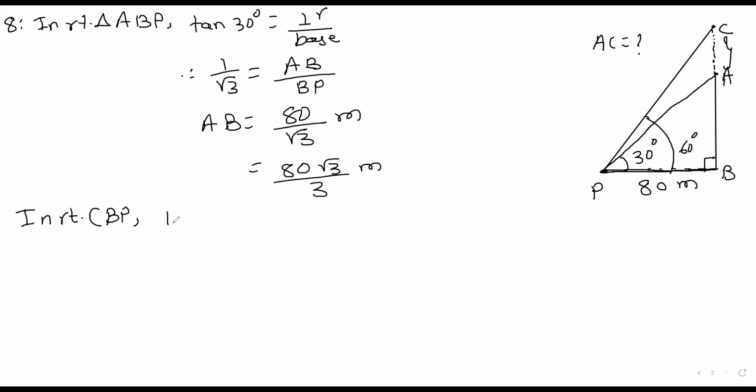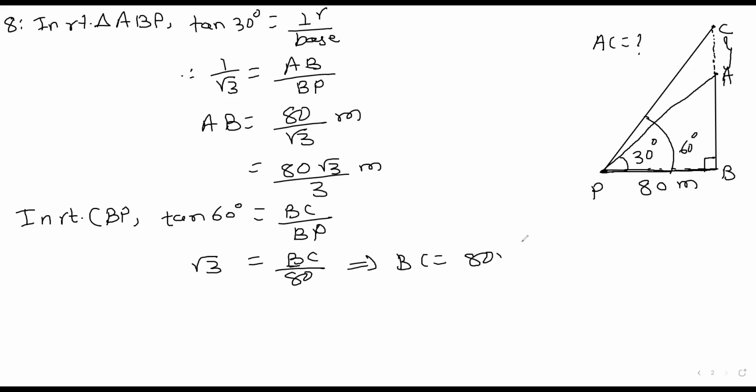Again, you will use tan 60 degree is equal to BC upon BP. Is that correct? Tan 60 is root 3. So BC upon 80. So this means BC is equal to 80 root 3 meter. Barabar? 80 root 3 meter.